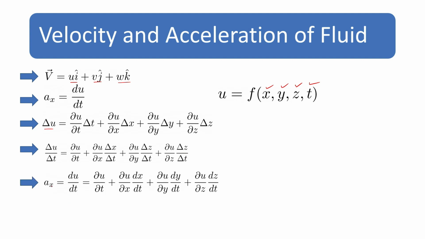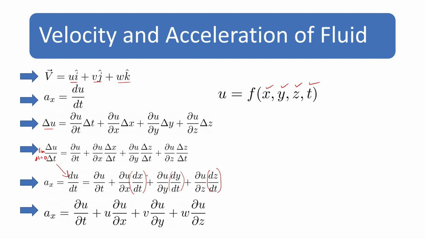So if you take the limit, if you apply limit delta t tends to 0, it will become du by dt, and so du by dt is equal to dou u by dou t plus dou u by dou x into dx by dt, plus dou u by dou y into dy by dt, plus dou u by dou z into dz by dt.